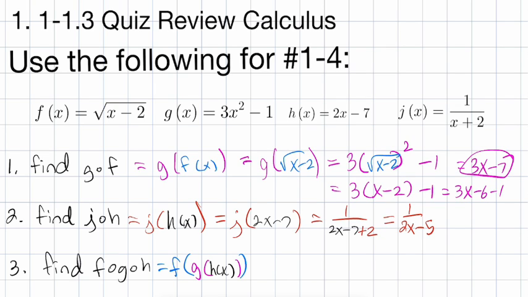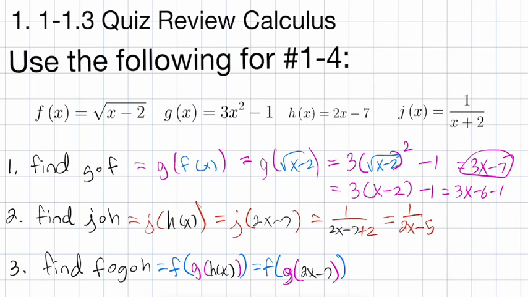We might ignore some of the outer layers until we have dealt with the inside. Now remember, h of x is 2x minus 7. So I'm just going to write the 2x minus 7 right there, so then I don't have to worry about it anymore.